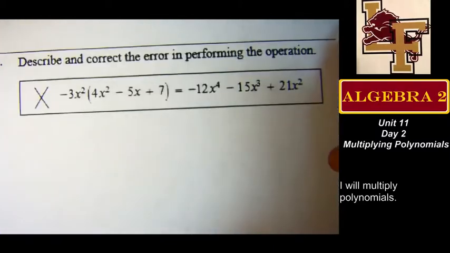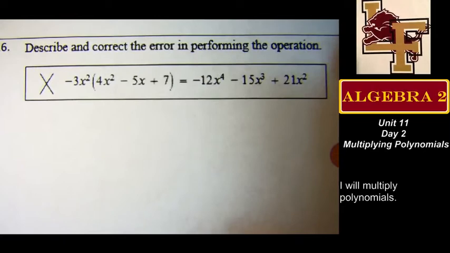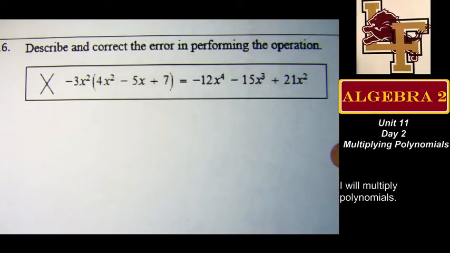All right, let's look at 16. There's a mistake. Going from the left side of the equal sign to the right side of the equal sign, there's an error. What is it?